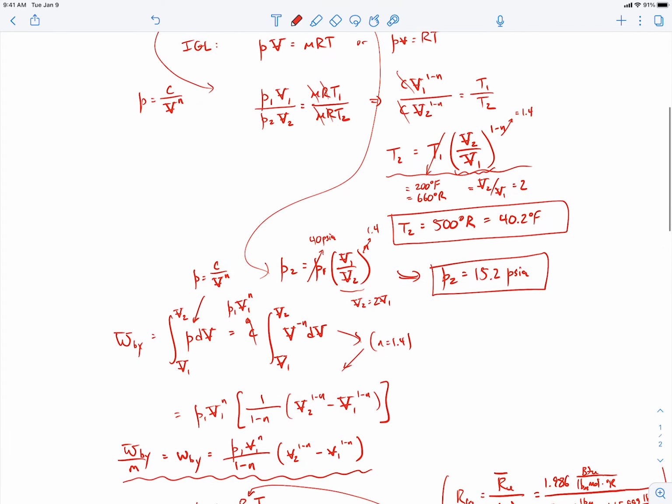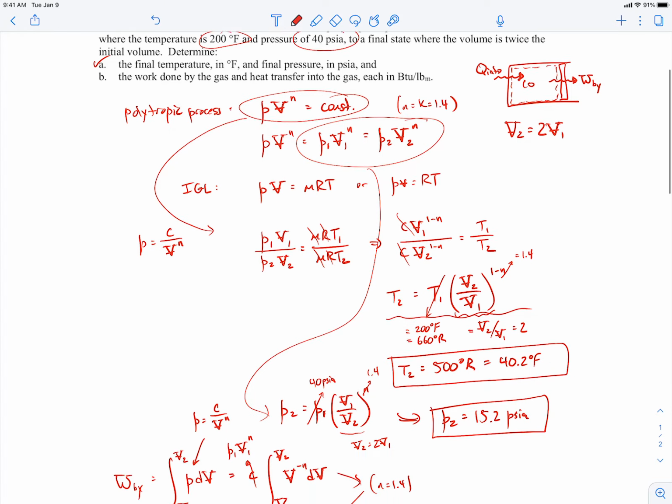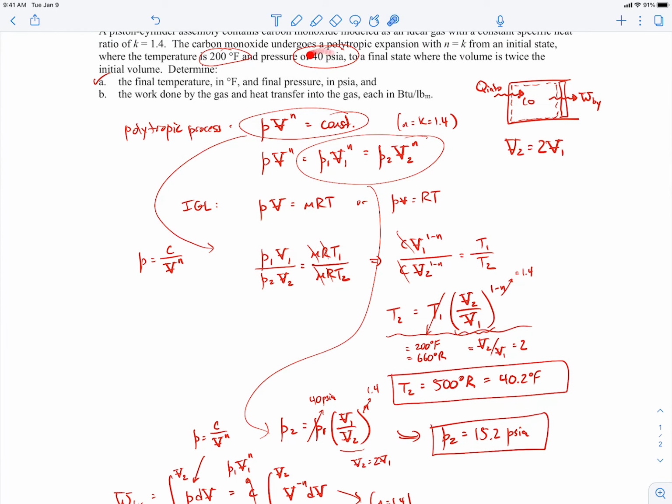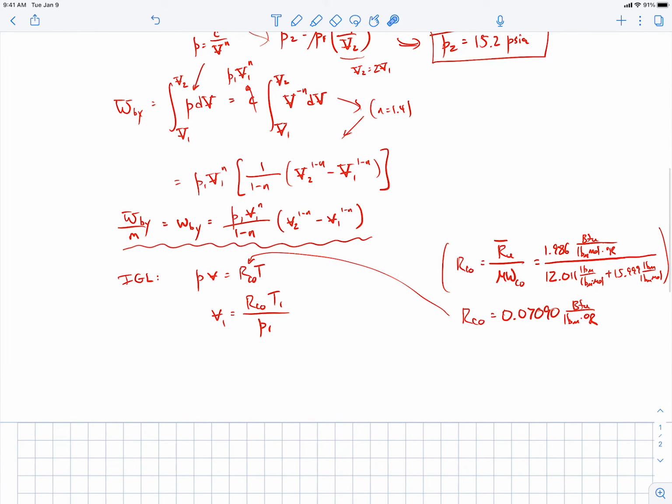We're given the pressure is 40 psia and the temperature is 200 degrees Fahrenheit. There are some unit conversions involved. The pressure is already an absolute pressure, so you don't have to convert that. But the temperature you want to convert from degrees Fahrenheit to degrees Rankine. I'm not going to go through the other conversions here, but be careful with the units. Write those out if you do this calculation on your own, and verify that you've got all the units correct.